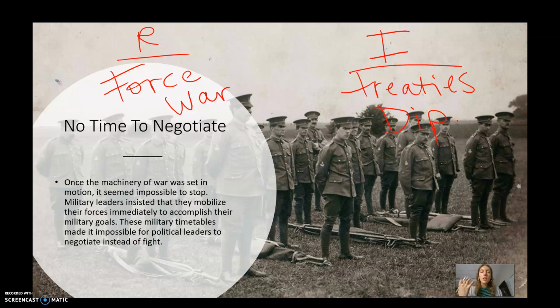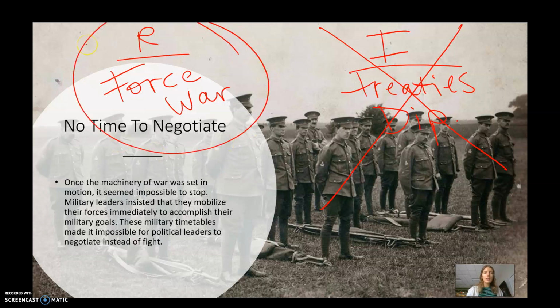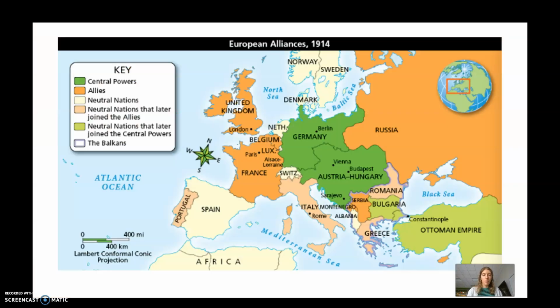Now that all of these countries were getting involved, it made it almost impossible for countries to be diplomatic about it, and it forced allies to get involved and to start the war. So these military timetables made it impossible for political leaders to negotiate instead of fight, because all of these militaries were ready to go ahead and start the war.